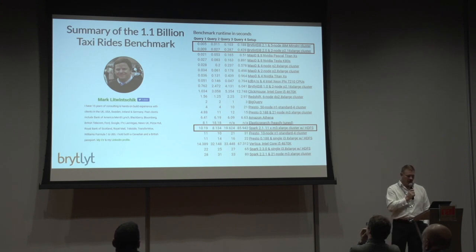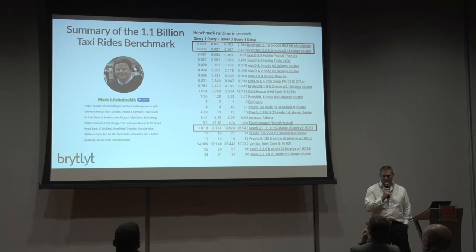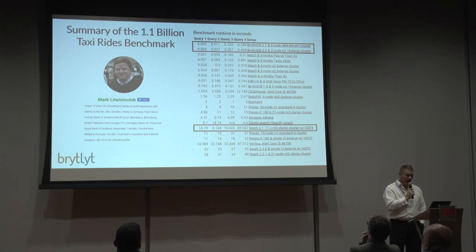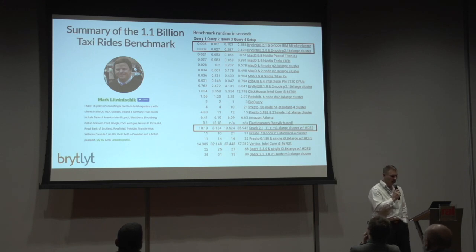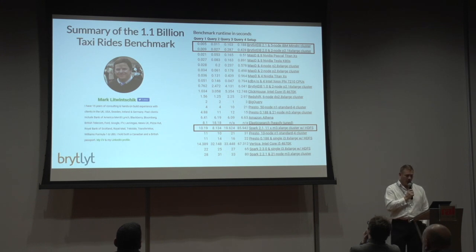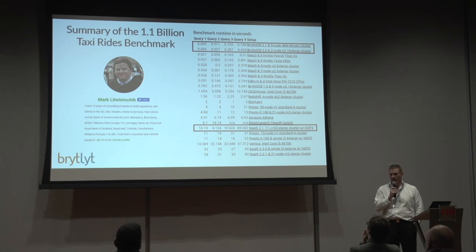I've just selected 2. Right at the top is Brytlyt, running on IBM Minsky, which was the Power 8 platform, 5 nodes, 4 GPUs each, 20 GPUs. And compare that to an 11 node AWS cluster running Spark. Those times are in seconds.